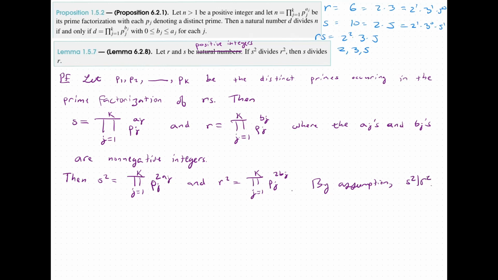Now we use the proposition, because the proposition tells us what happens when we have a divisor of some number. In this case, s squared is playing the role that d had over here. Since this divides r squared, 2 times a sub j has to be at most 2 times b sub j for each j, by proposition 1.5.2.